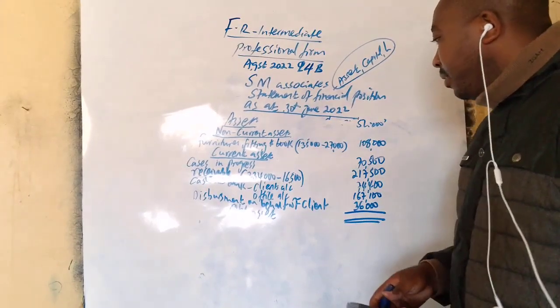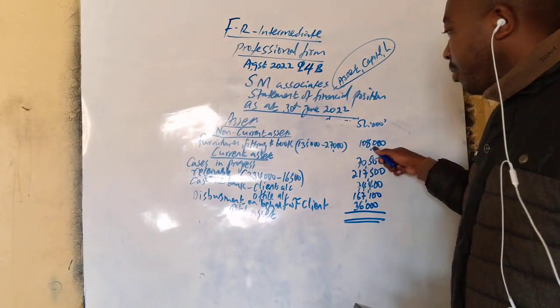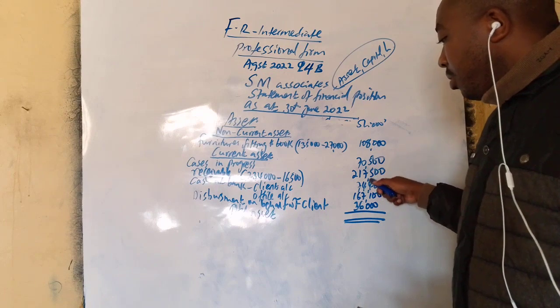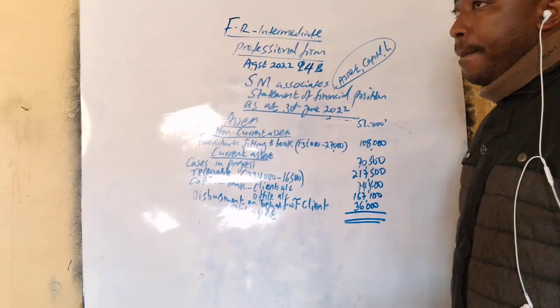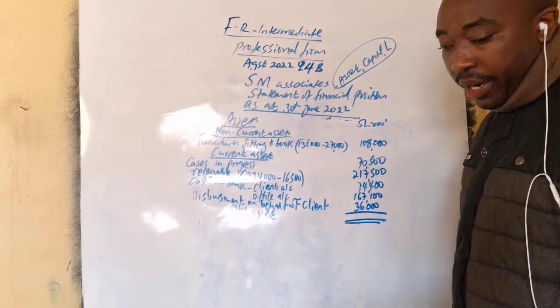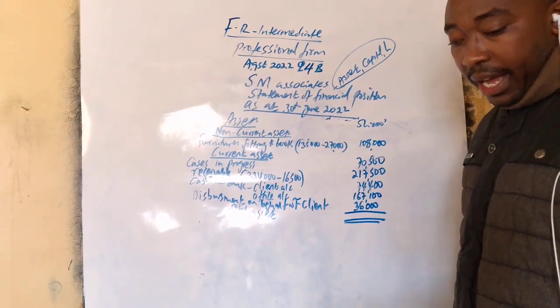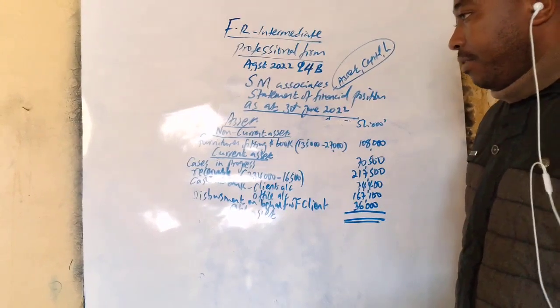Someone to add for us. From here, from 108,000 all the way to 36,000. Take your calculator and give us the answer.